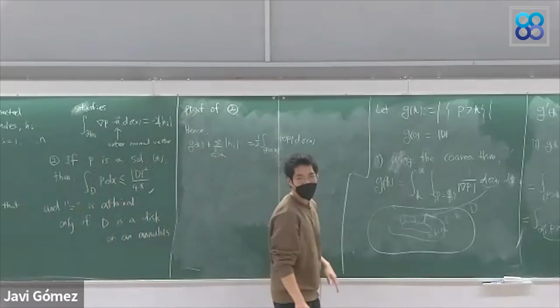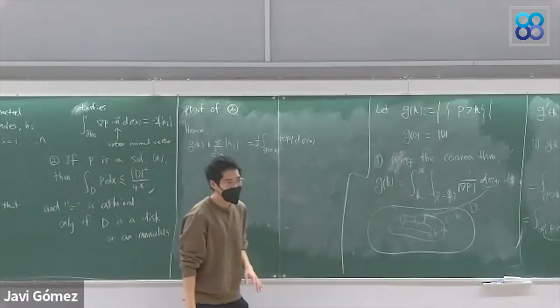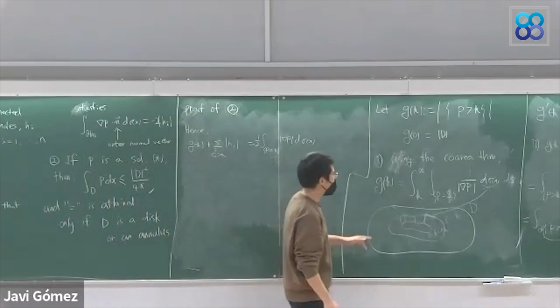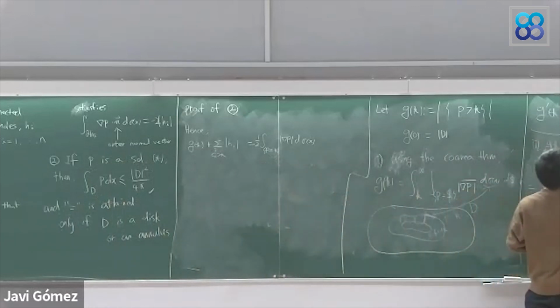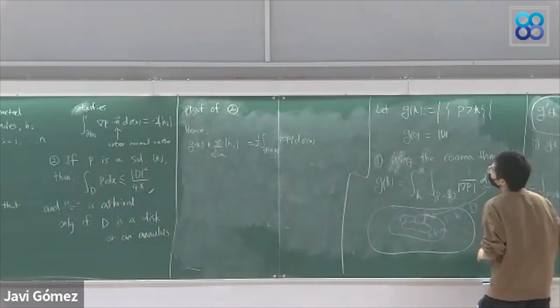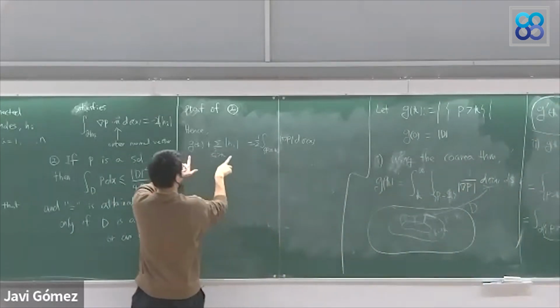You have to come to the numbers. And then we get this as well here. So let me multiply g prime on here.